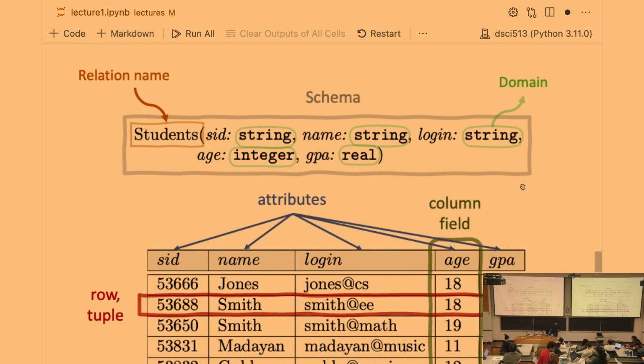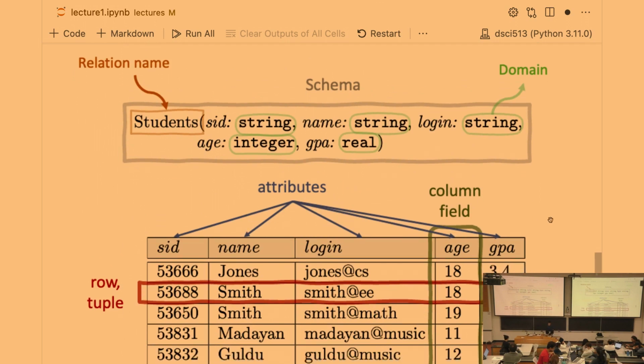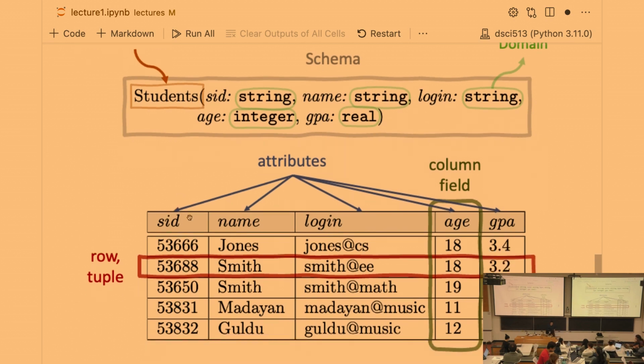All right, let's have a look at this diagram over here. Again, this is the schema specifying how a table should be created or populated in terms of its columns, the name of the columns, and the name of the table itself or the relation itself. We call the columns attributes in database terms.